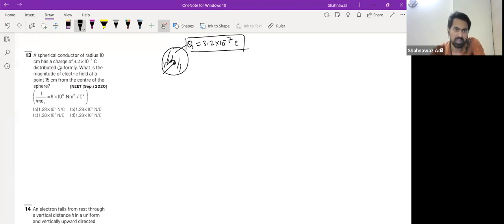This is a conducting sphere, not a shell, and it has some charge. So what is surface charge density? Rabia, can you tell me what is a surface charge density?